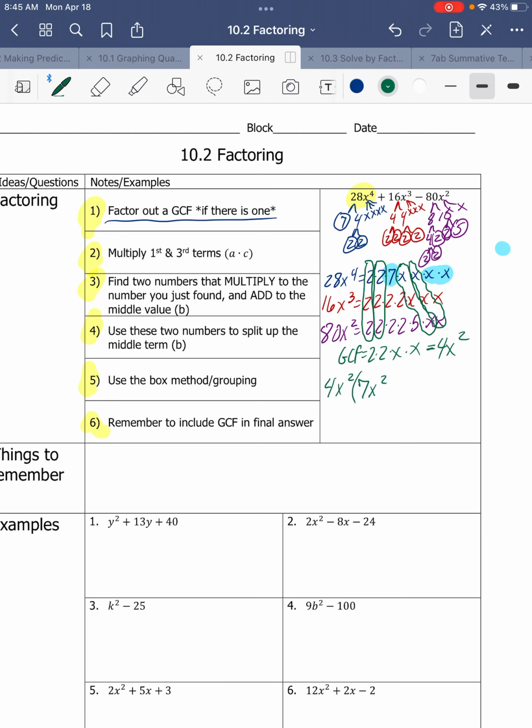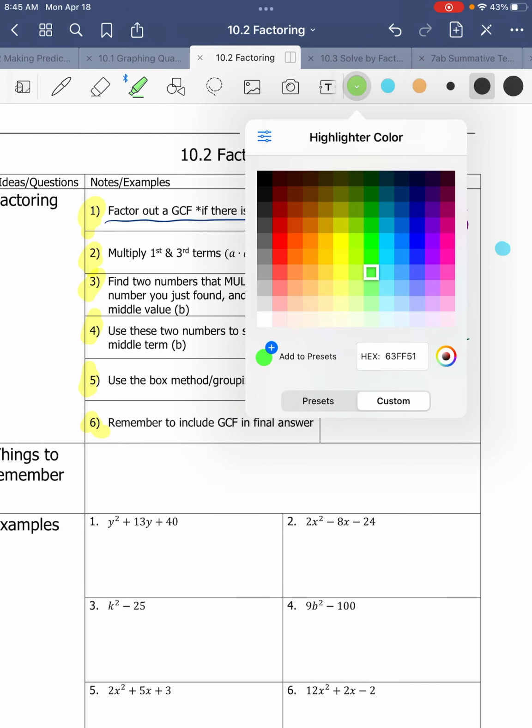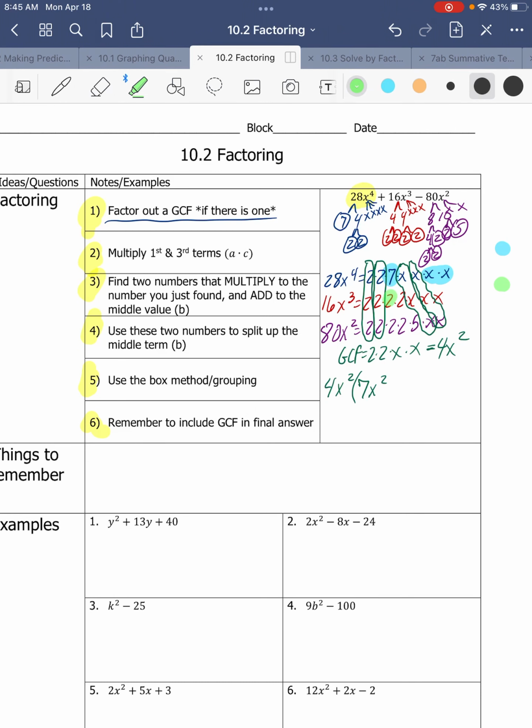If I divide the 16x to the 3rd by 4x squared, it's 2 times 2 times x, so that's 4x, plus 4x. And if I divide the last one, 80x squared divided by 4x squared, you get 2 times 2 is 4, times 5 is 20. So plus 20, sorry, 20.